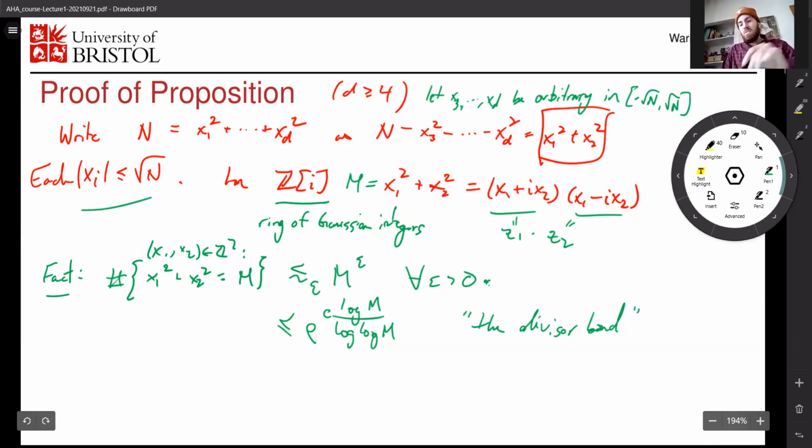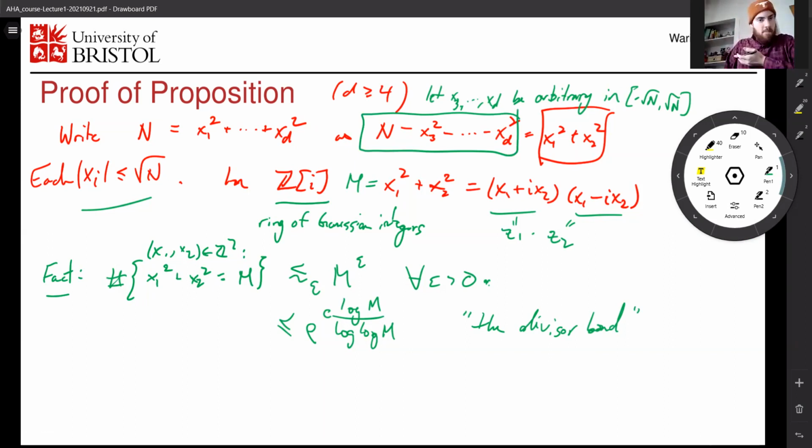And so there are at most n to the d over 2 minus 1 such possibilities times, well, whatever this number is to the epsilon. But this number is always smaller than n, so it's always smaller than n to the epsilon. Okay, and that's the proof.